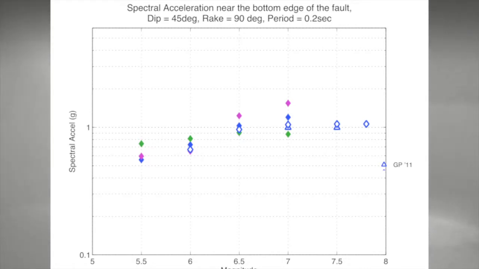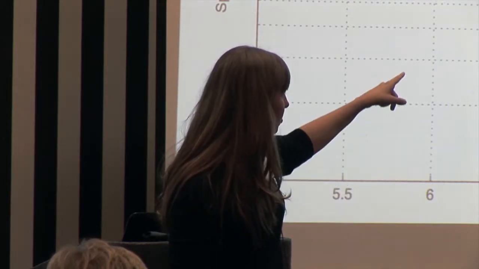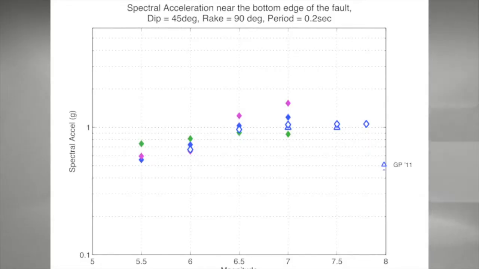The Graves and Pitarka 11, which allowed a longer width as it rotated down, had a slightly lower spectral acceleration. That's what you can see from the 7.5. For the 7, this was run also in the same fashion. I think the down dip width was 23 versus 27, so you can see they're slightly different as well.